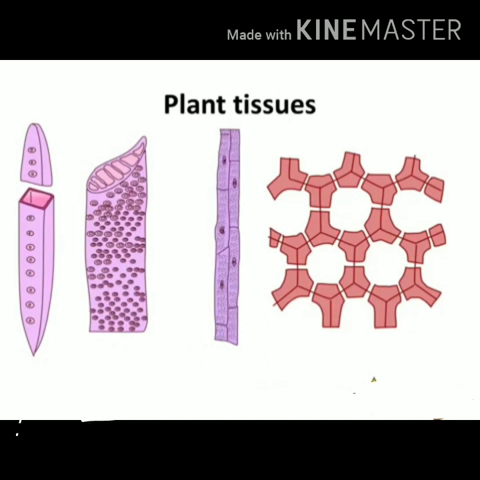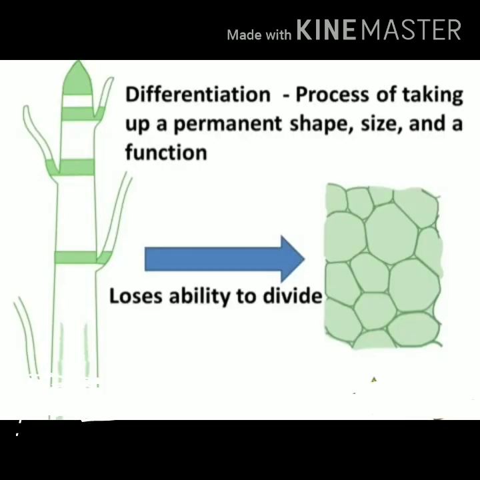A cell is a functional unit of a body, so it has to be alive for performing the various functions. But even dead cells perform specialized functions in plants. We already know that cells formed in meristematic tissues take up a specific role and lose the ability to divide.